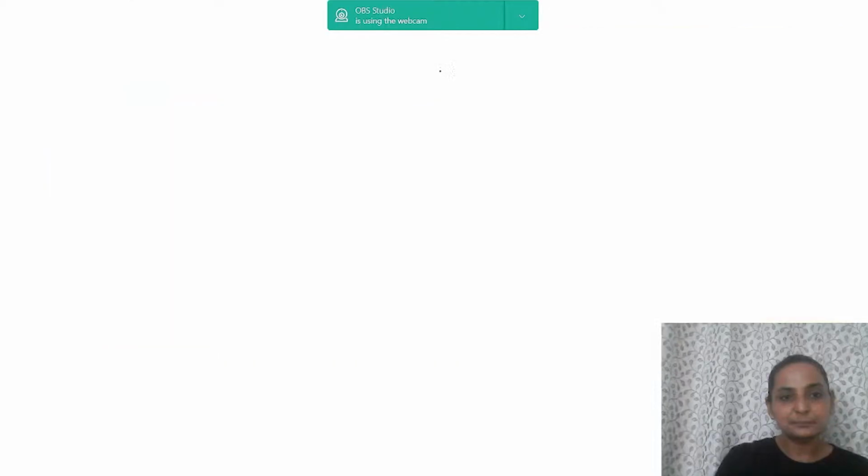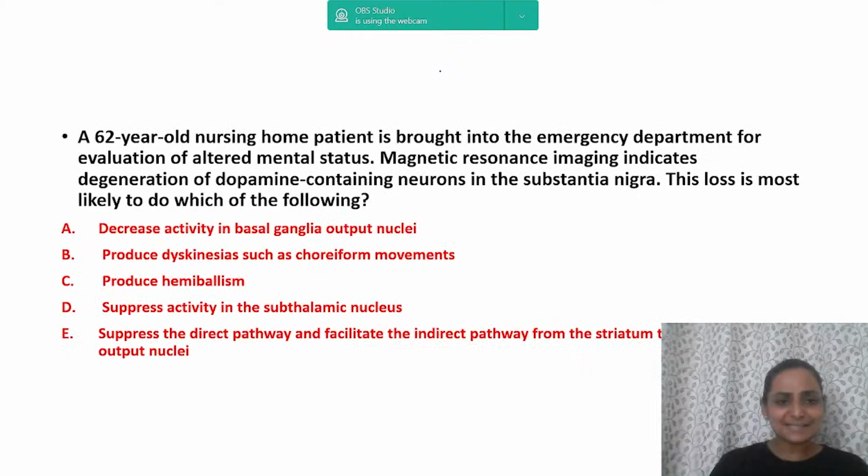Right? Then, let me put this question in front of you. A 62-year-old nursing home patient is brought to emergency for evaluation of an altered mental status. MRI was done, which showed the degeneration of the neurons in the substantia nigra.